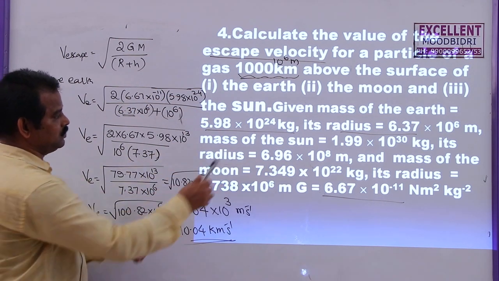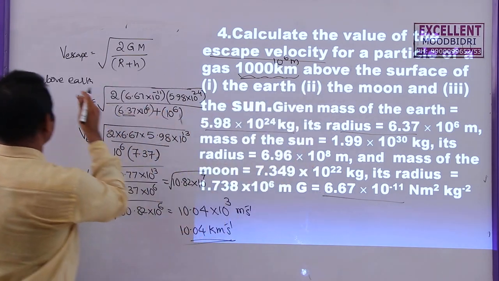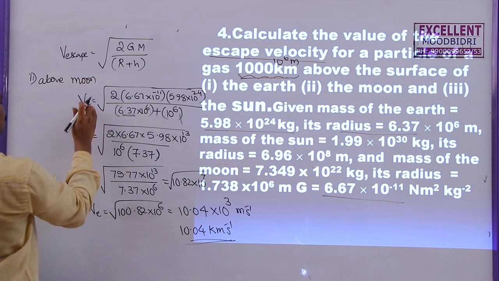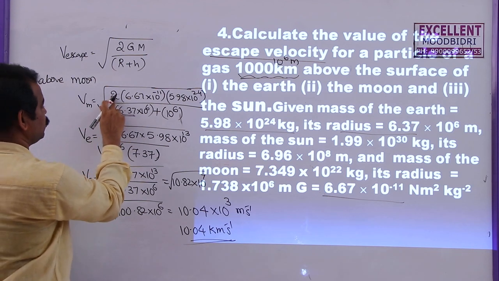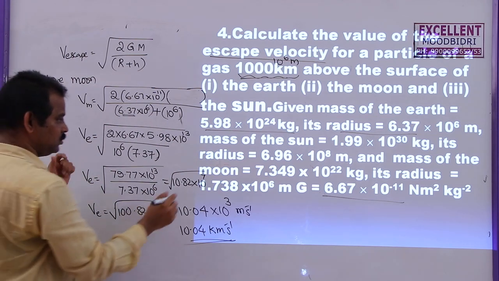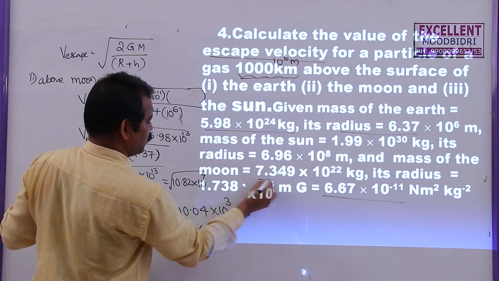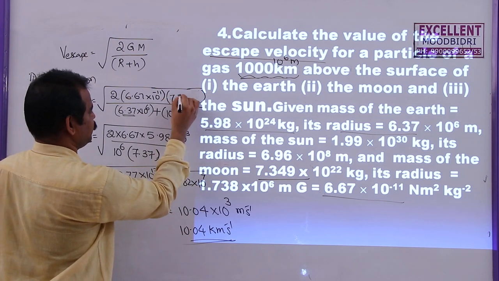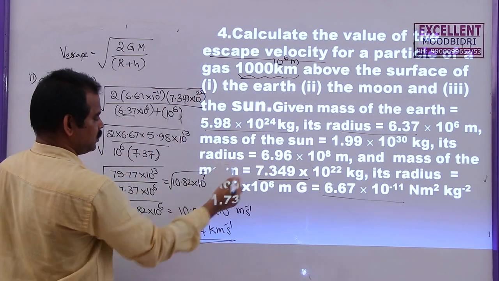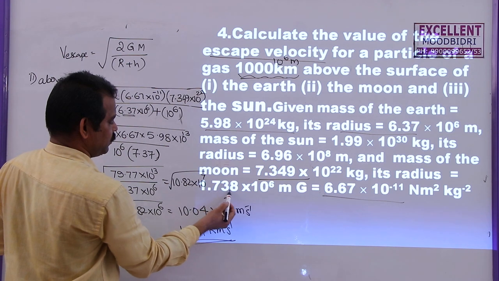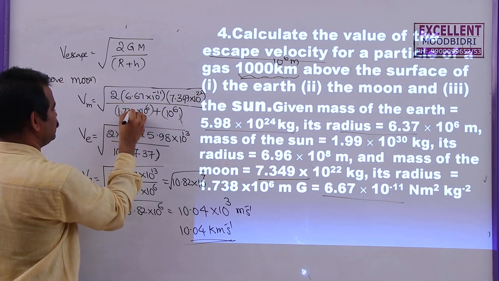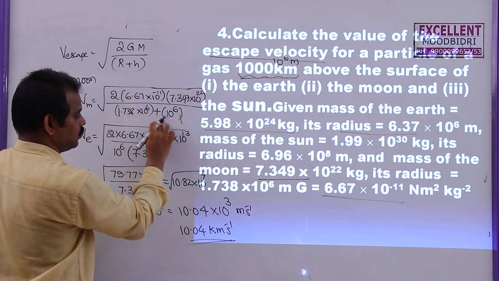The other part of this problem is 1000 kilometers above the moon. So now let me erase this one. Let me take it as V moon, root over 2GM, where M is the mass of the moon. Now the mass of the moon in this problem is given as 7.349 into 10 power 22, by radius of the moon 1.738 into 10 power 6 plus 1000 kilometers above this one.